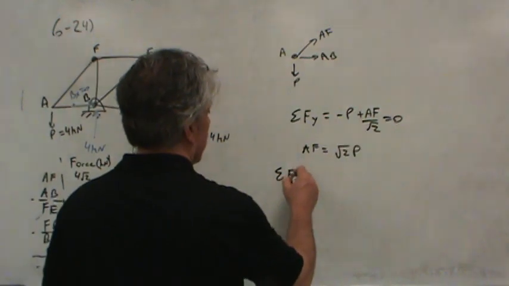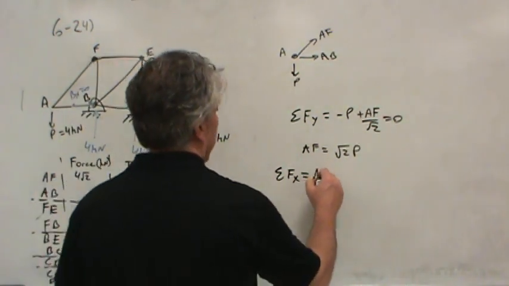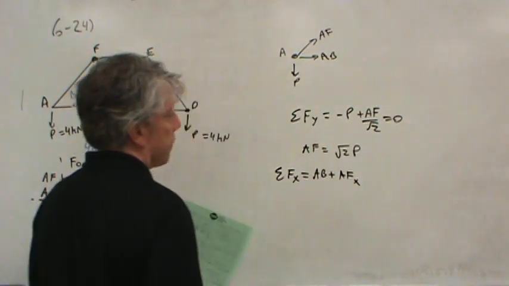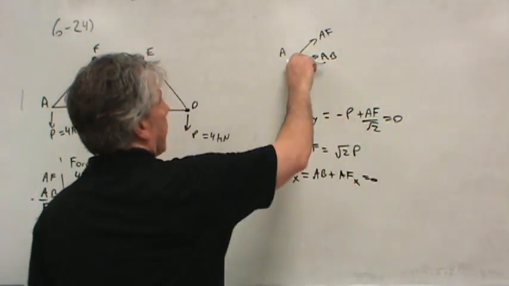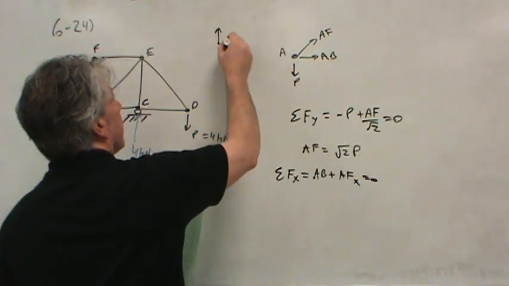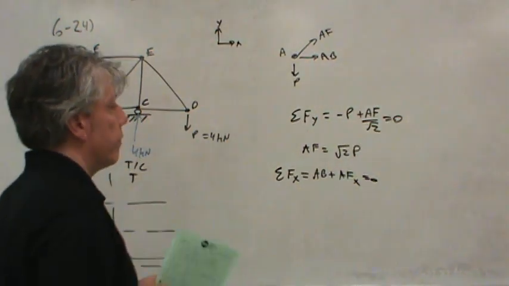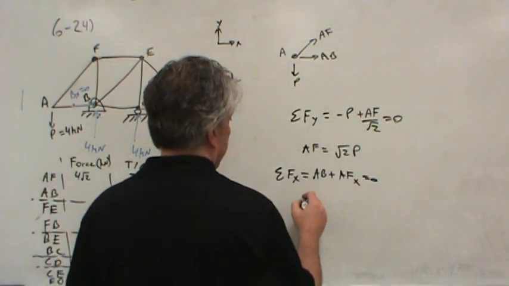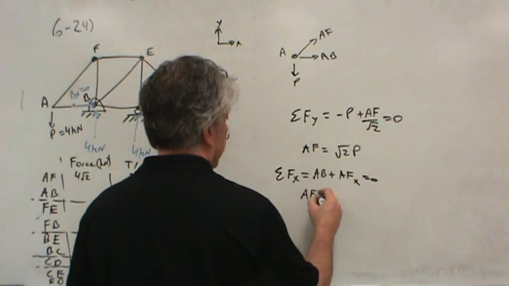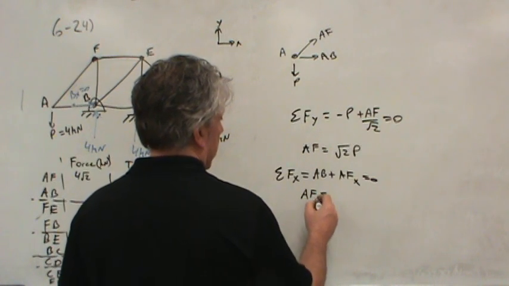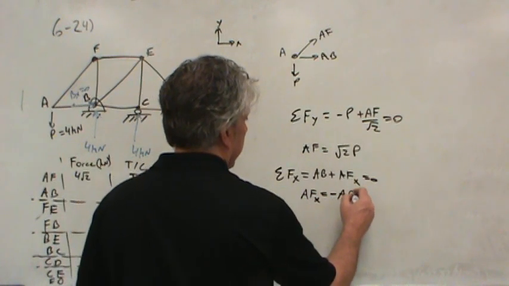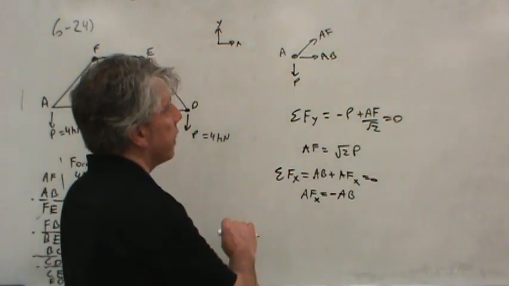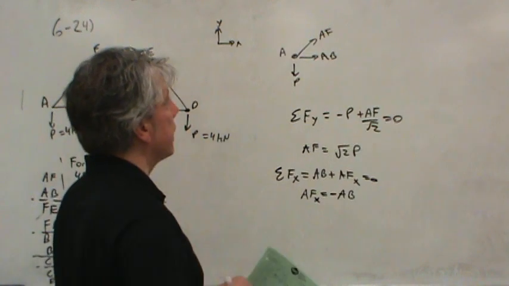If we sum forces in the horizontal direction, we have AB plus AFX equals 0, because both of those have positive components in the x direction. So solving for AB, let's try that.